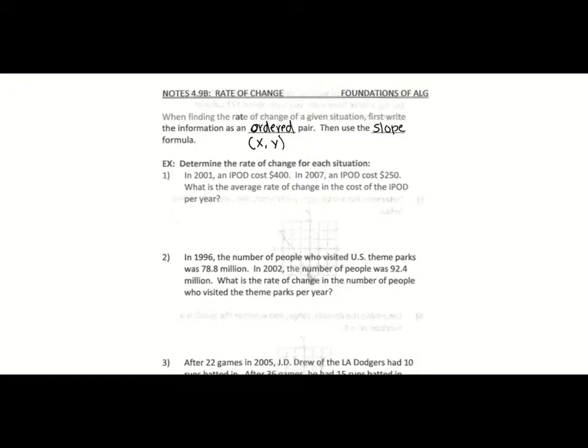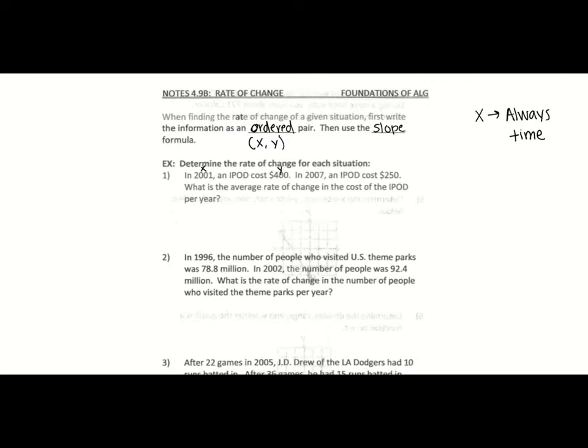So number 1 says, in 2001, an iPod cost $400. So our time is always going to be our x. Let's write that on the side. X, always time. So in 2001, that is our first x value. 2001, our iPod is $400.